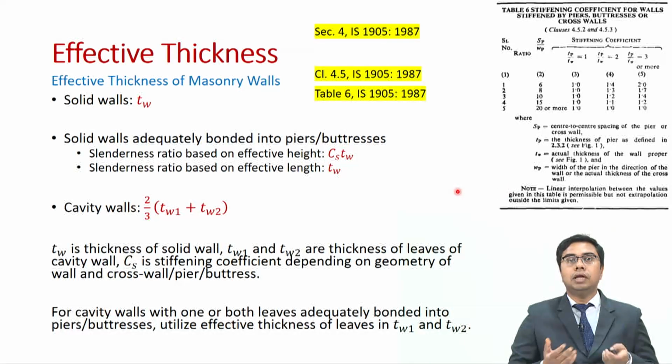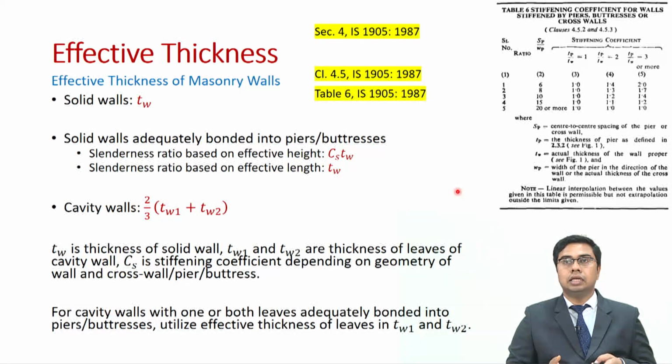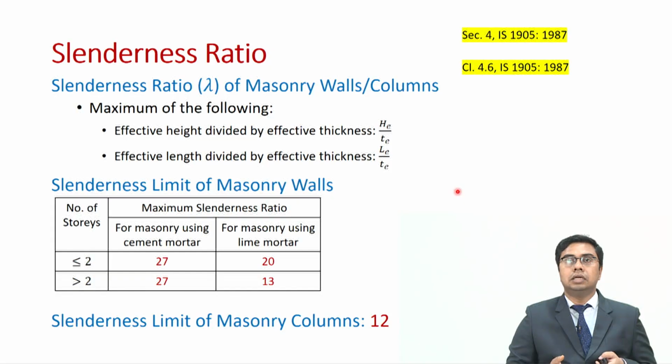Okay, now once we have understood the effective dimensions, that is effective height, effective length and effective thickness, we can obtain the slenderness ratio. So, we can obtain slenderness ratio of masonry walls or columns in two terms, that is, one is effective height divided by effective thickness, HE upon TE, and the second is effective length divided by effective thickness, which is LE upon TE.